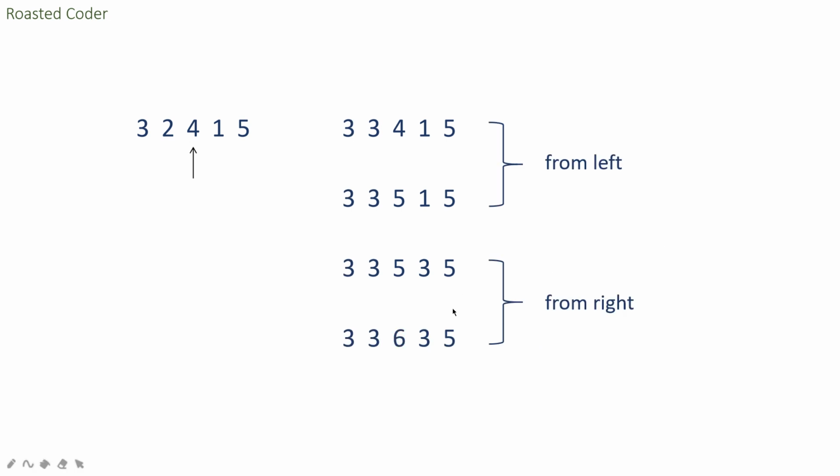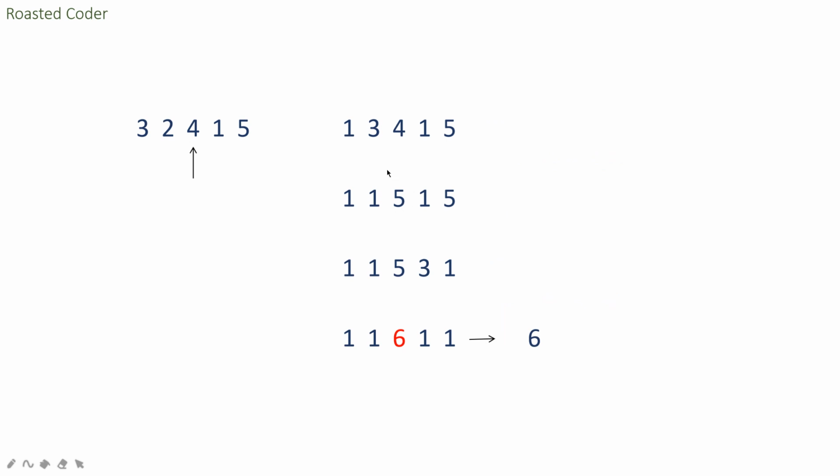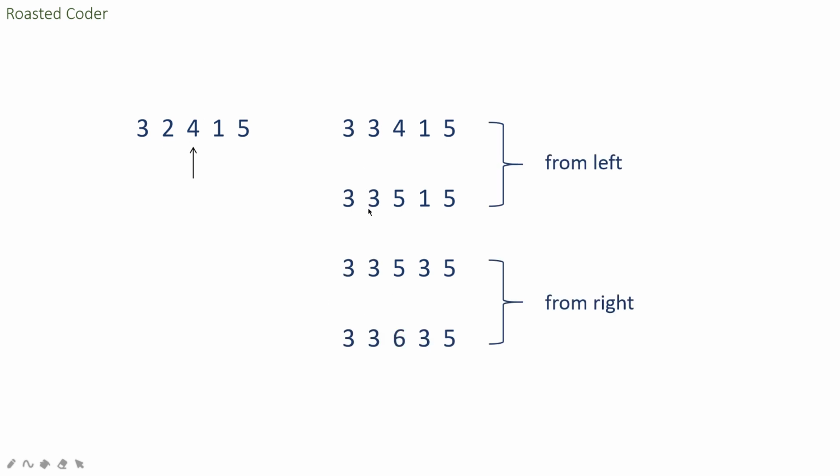Since we calculated the values from the left up to this index and the values from the right up to this index, but we need to find it for every index, we will calculate the value from the left.